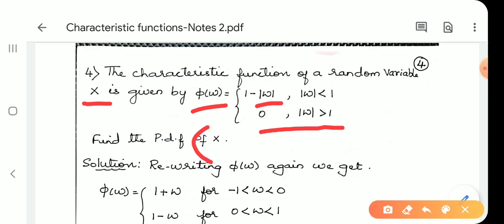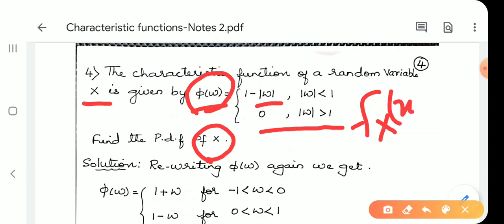Find the PDF f of x. That means in this problem they have given us the characteristic function and we have to find what is fx of x.